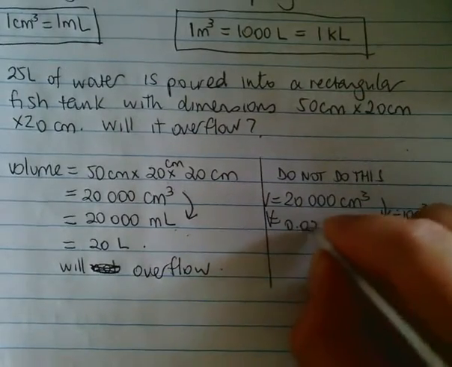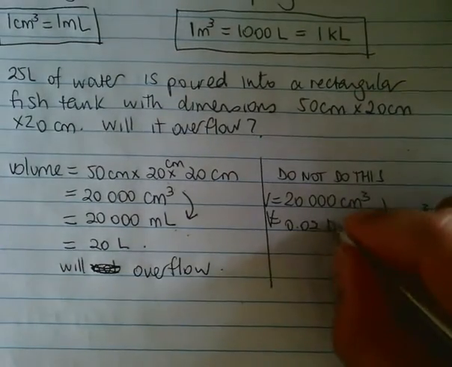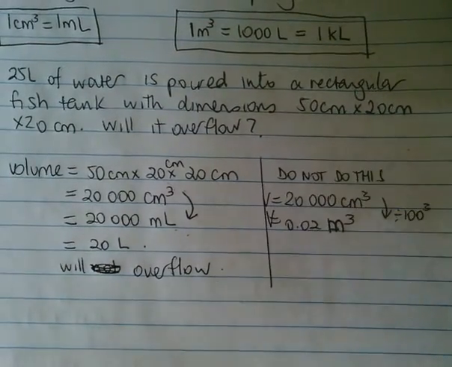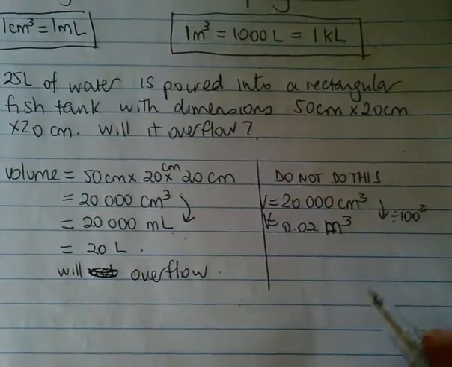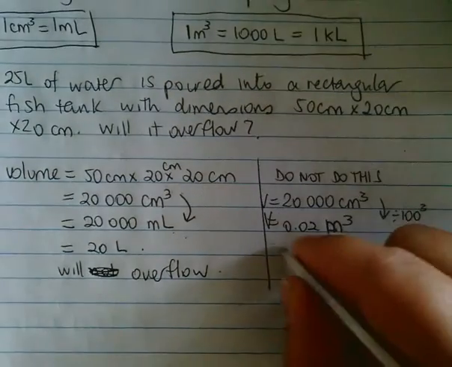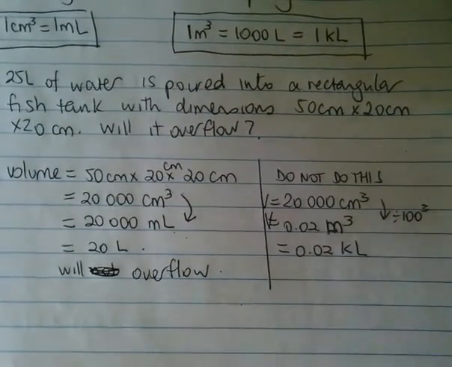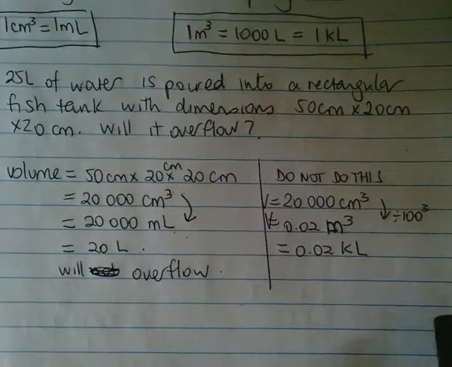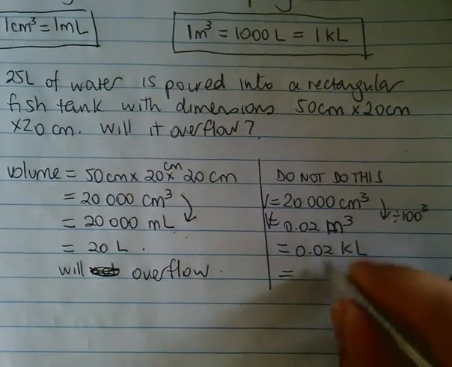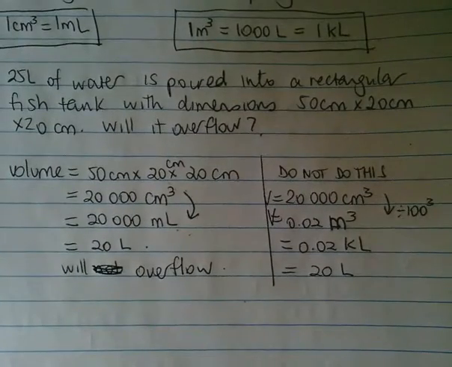That's 0.02, not liters, meters cubed. Do you get that? And then you might say, all right, I'm now going to convert. 1 meter cubed is 1,000 liters, or 1 meter cubed is a kiloliter. You can say, all right, that's 0.02 kiloliters. You wouldn't do it this way, would you? Which is, times it by 1,000, 20 liters. That's just not the way to do it.